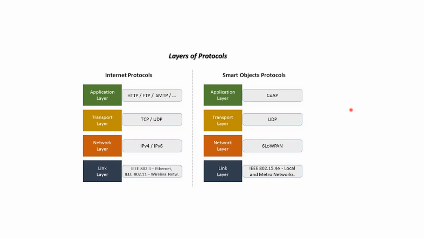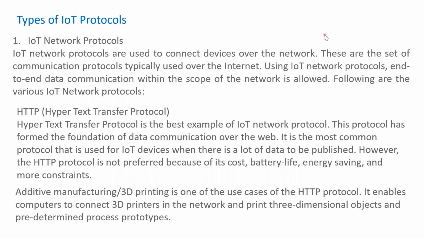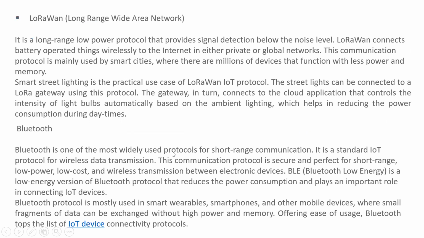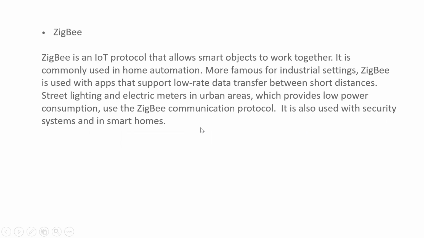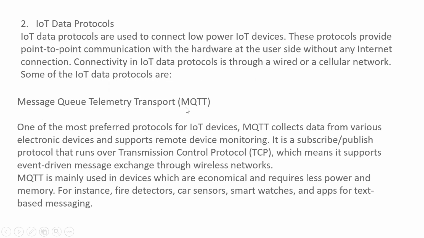Now, still more types of protocols are present here, which you can see over here. Apart from the hypertext protocol, LoRaWAN protocol is used, Bluetooth protocol is used, Zigbee protocol is used. If you consider data transmission, Message Queue Telemetry Transport is used for collecting data from various electronic devices.